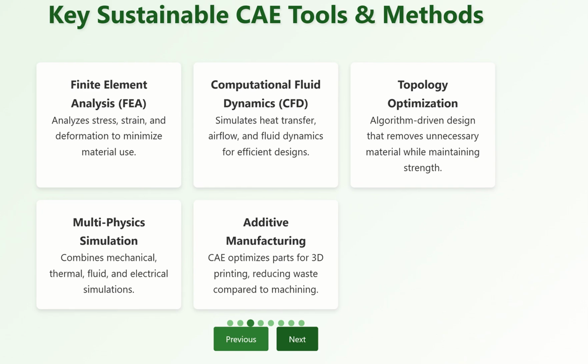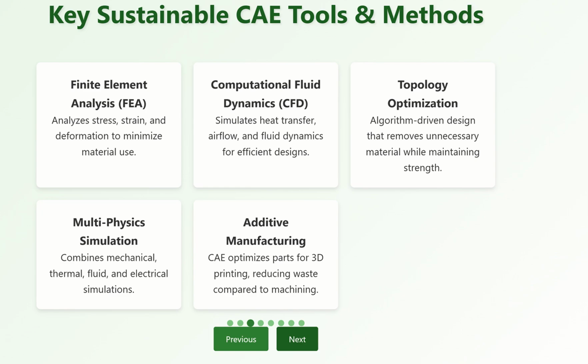Then we have another parameter called multiphysics simulation. We have a software called COMSOL Multiphysics, or even ANSYS, which normally is the best to use when you're doing a simulation, like the multiphysics simulation. This one normally combines aspects like mechanical, thermal, fluid, and electrical.